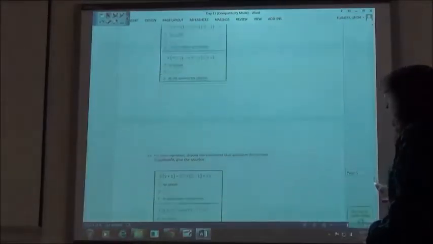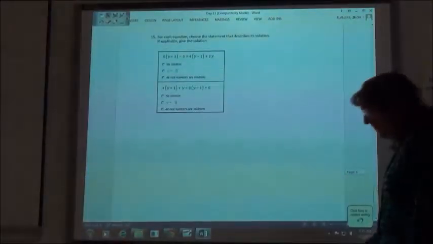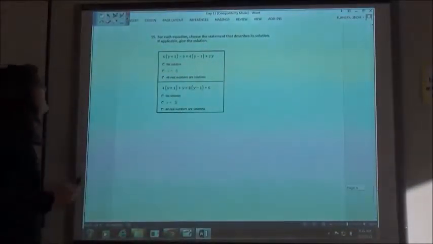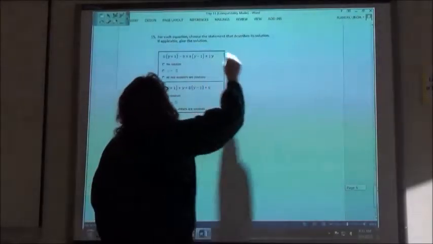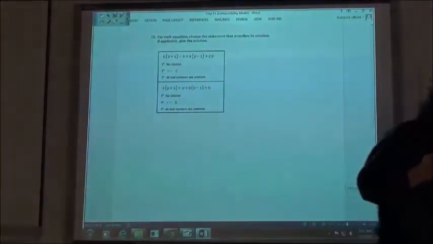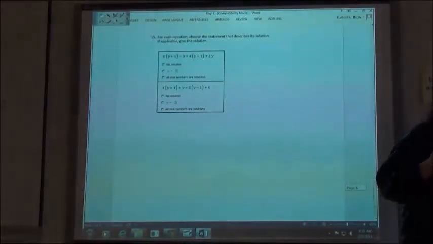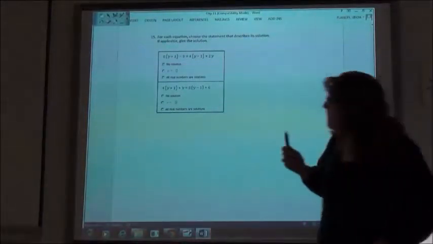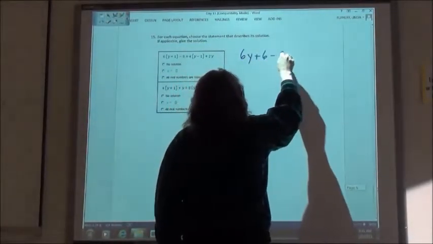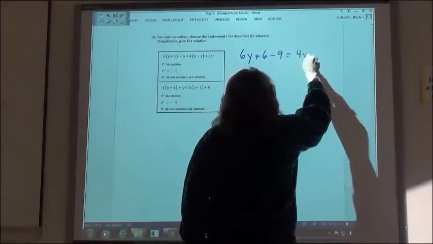All right, one last one for good measure here. Multiplying that out, 6y plus 6 minus 9 equals 4y minus 4 plus 2y.